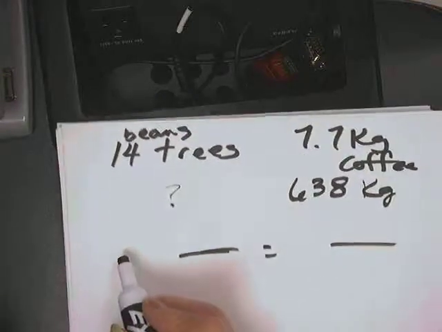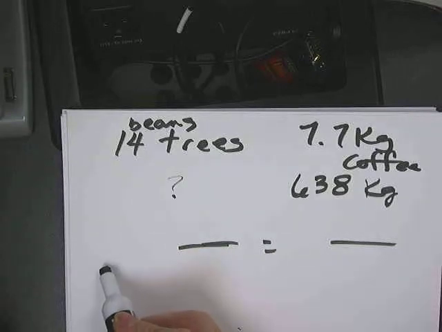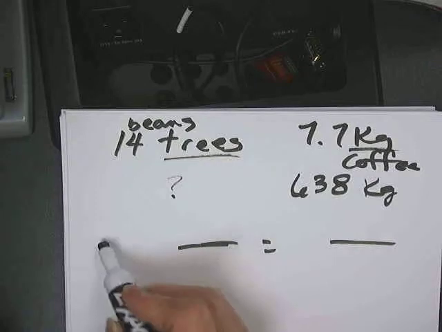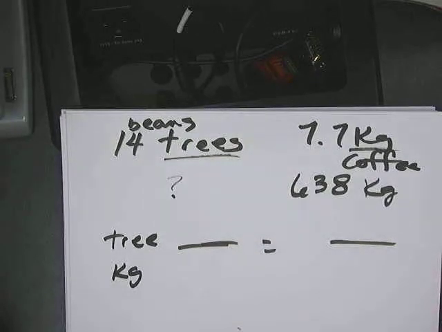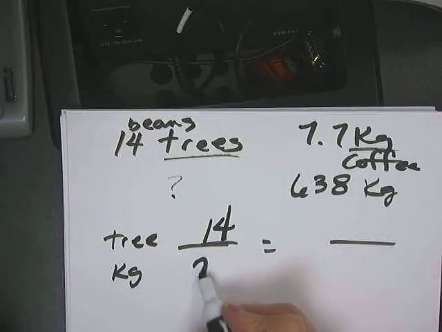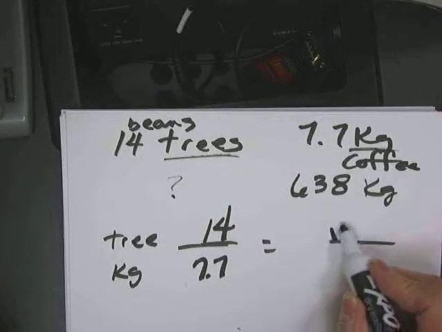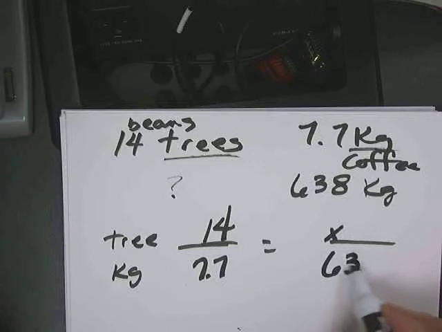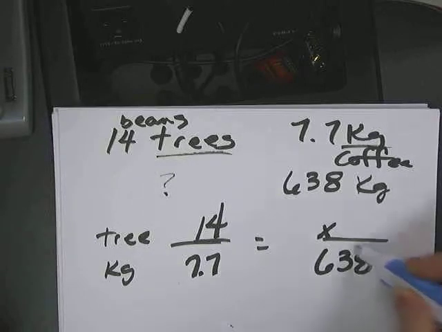So what would we label our proportion? What do we have here? 638. The labels, the words. Trees and kilograms. Trees and kilograms of coffee. Okay, so 14 trees produces 7.7 kilograms. How many trees produce 638 kilograms?